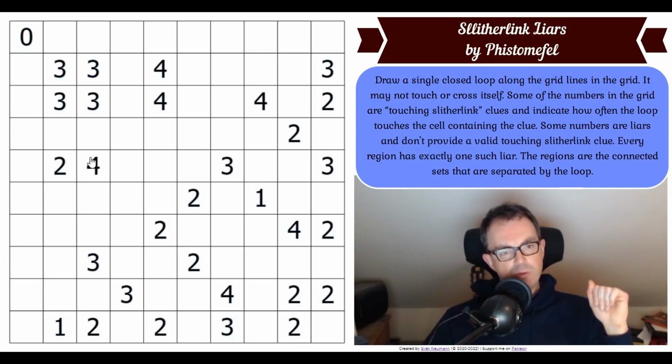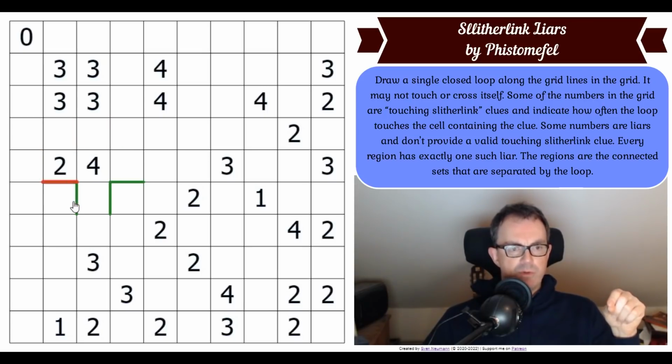So this 4 clue though, if that's a real clue, then I think the only way of getting a loop to touch these 4 grid lines 4 times is going to be like that. So any 4 clue that is correct and not lying to us will be very, very powerful.